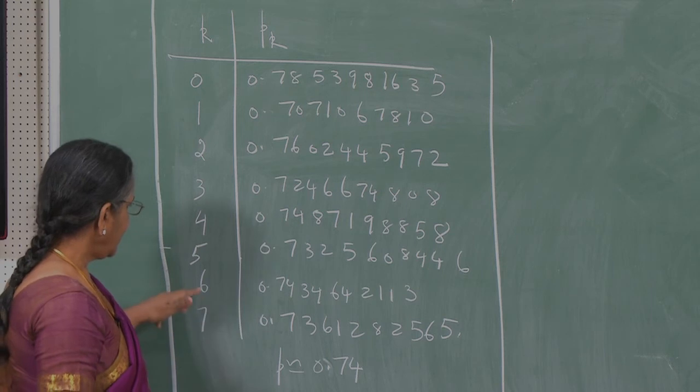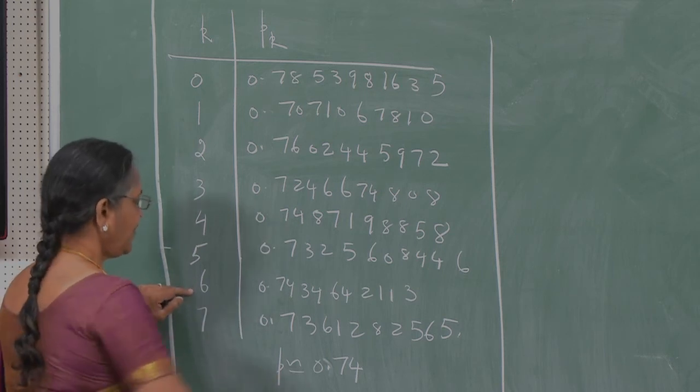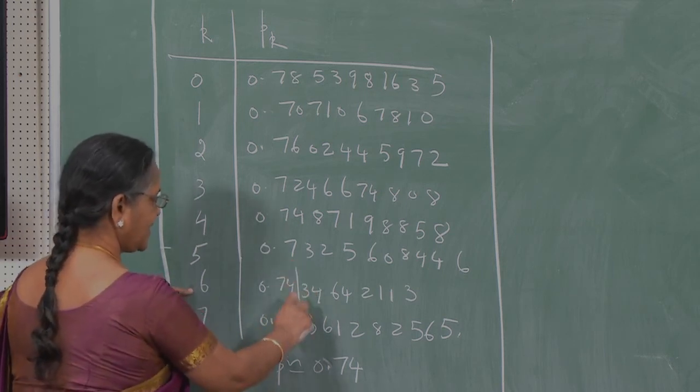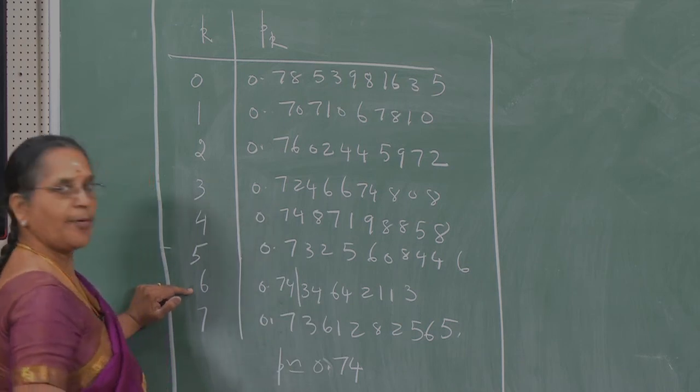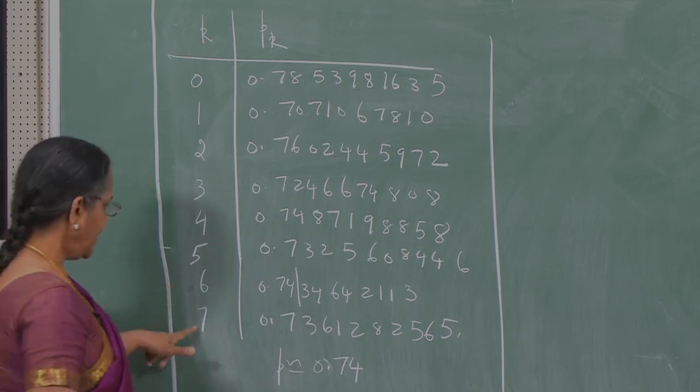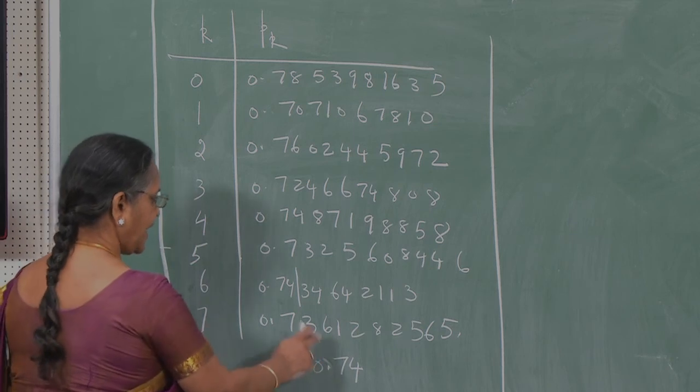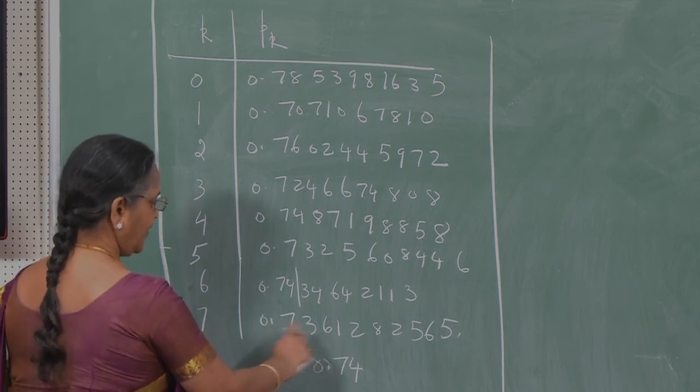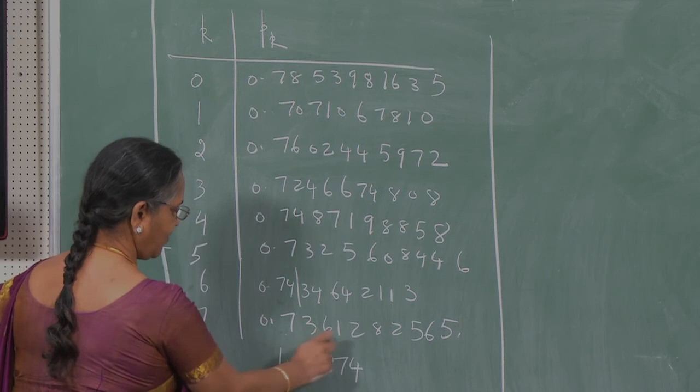At the 6th step, correct to 2 decimal places, the answer is 0.74. In the 7th step, correct to 2 decimal accuracy, the answer is again 0.74.